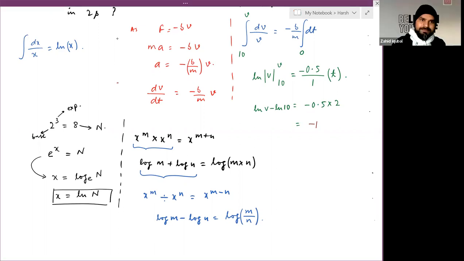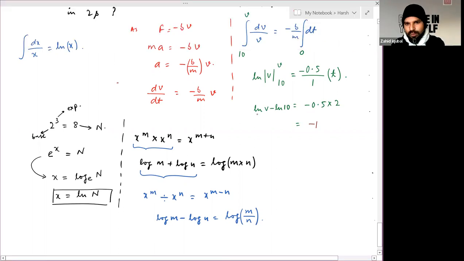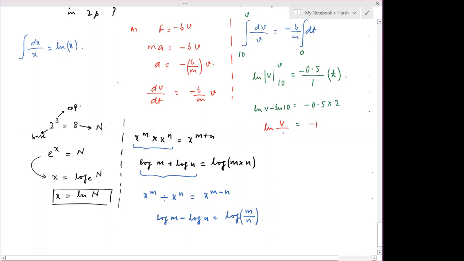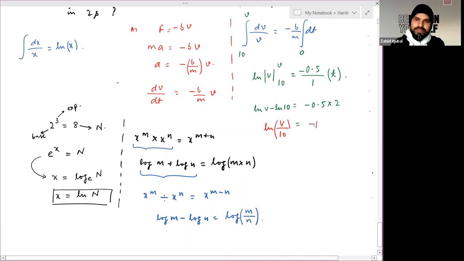Similarly, in this part we have log v minus log 10. What can I write here? V by 10, equals minus 1.